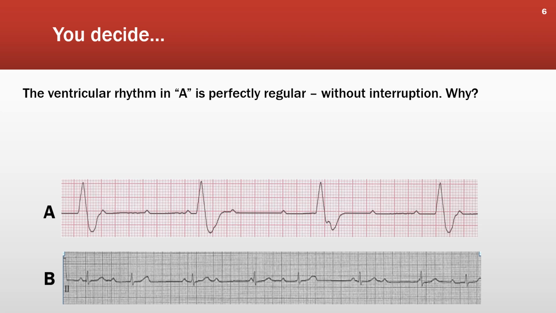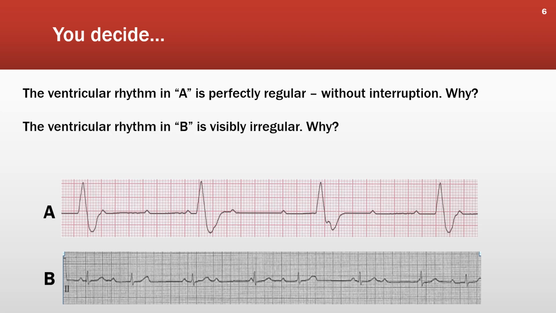Well, its regularity remains uninterrupted because the level of the escape pacemaker, in this case likely a ventricular pacemaker, is below the level of the AV block. Nothing can get past the block to interrupt this regularity of the ventricular rhythm.